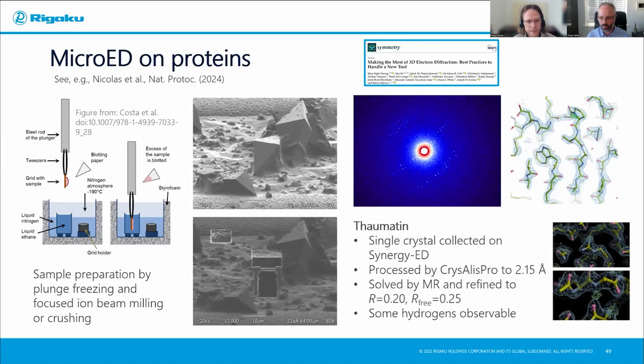You need to get these small crystals either by crushing larger crystals or using focused ion beam milling, or doing work like in vivo crystallization. So it's a bit tricky. I can highly recommend a paper up here, which is quite recent, from Tamir Gonen's group about sample preparation, which discusses those challenges and how to overcome them.